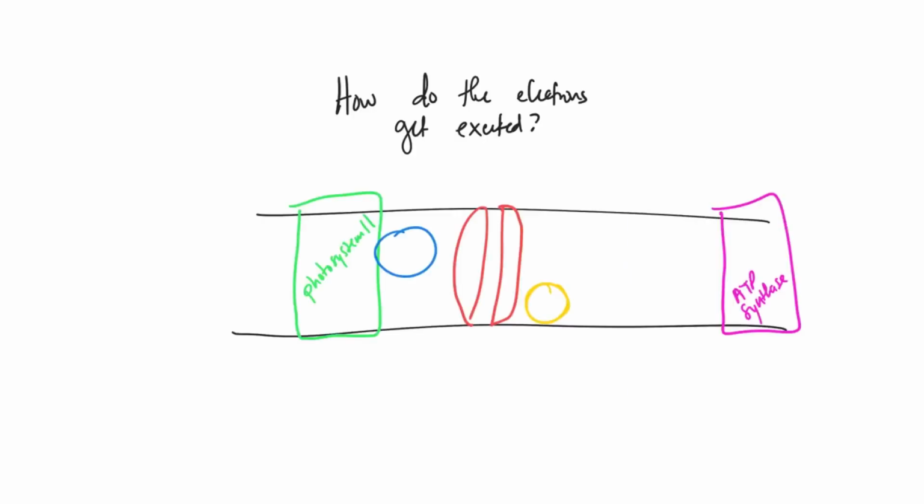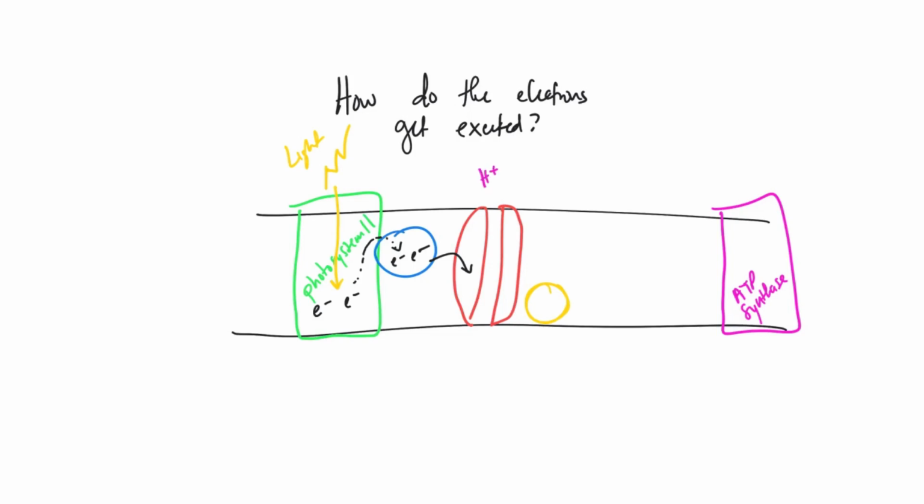So how did those electrons get excited in the first place? Well, we start with 2 low energy electrons in photosystem 2. Light excites those electrons, and when they're in their excited state, now they're able to move down an electron transport chain. Basically, we're going through a series of oxidation and reduction reactions where those electrons are moving to different proteins in the sequence. Every time they move, they lose a little bit of energy.